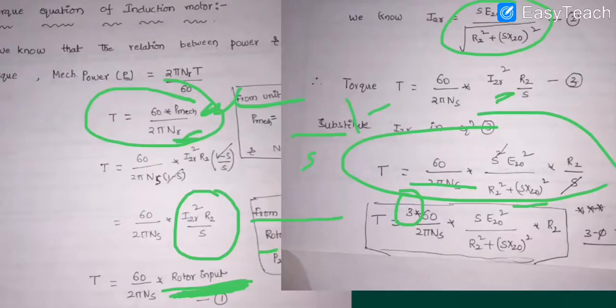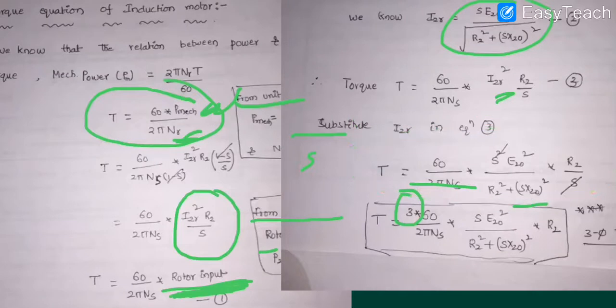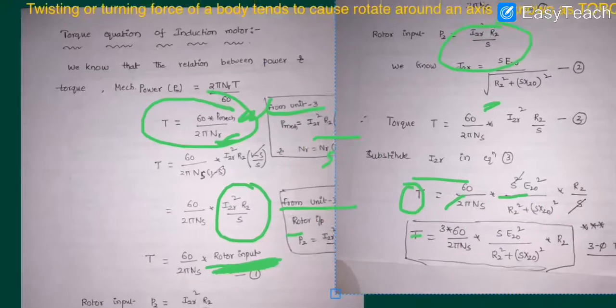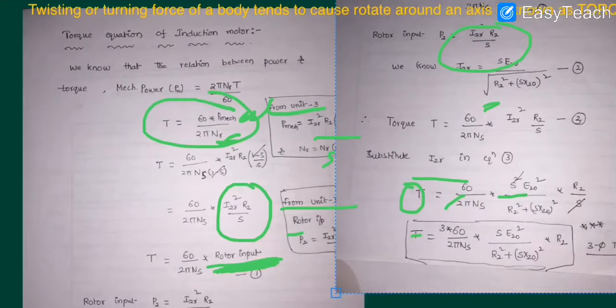So 3 into 60 by 2 pi ns, S into E20 square by R2 square plus SX20 whole square into R2. So this is our torque equation, which is also known as the full load torque expression. Okay, clear? So this is our torque expression.